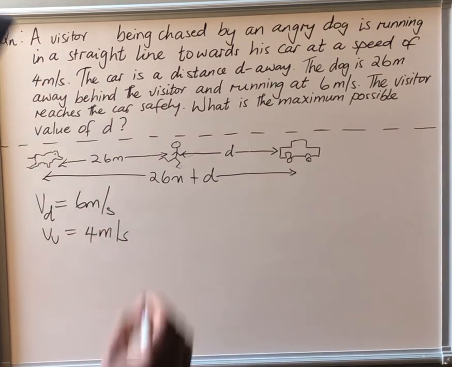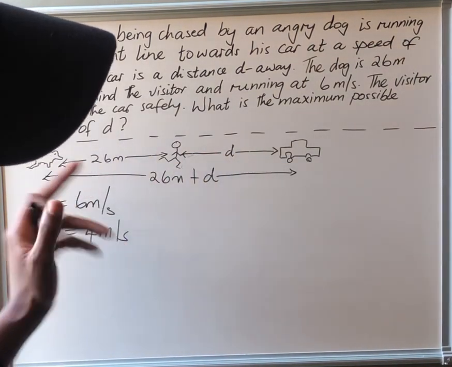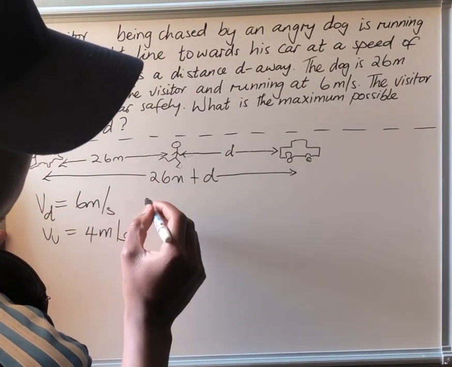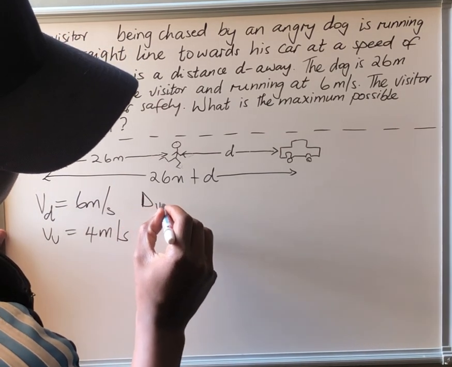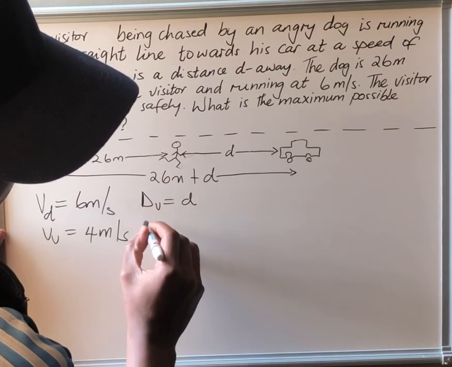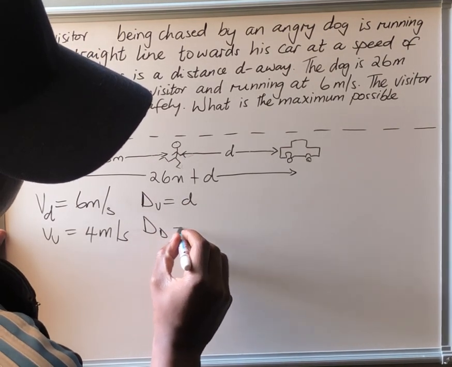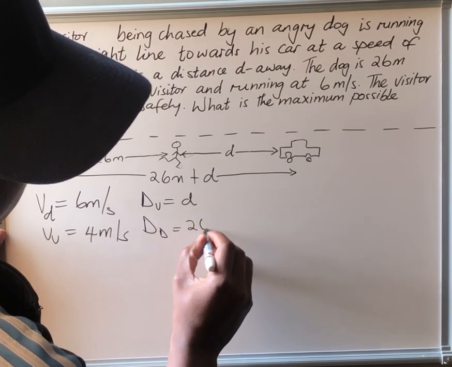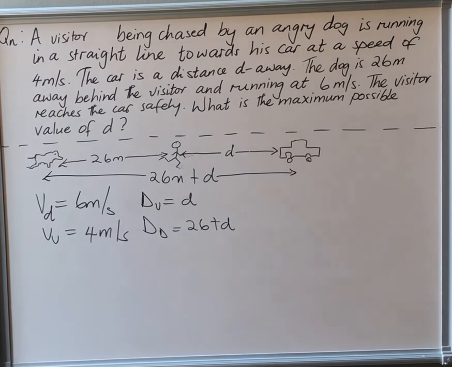We have the distance for the visitor, the displacement, d for the visitor is equal to d. Then d for the dog is equal to 26 plus d. I think this is the information that we have.